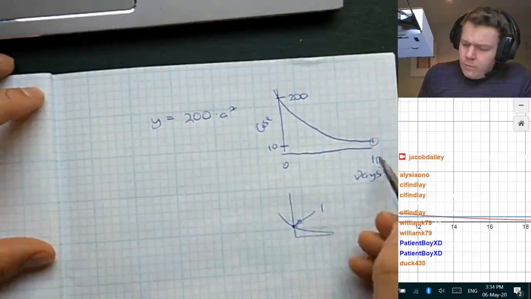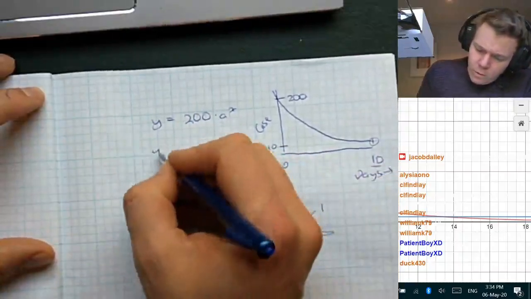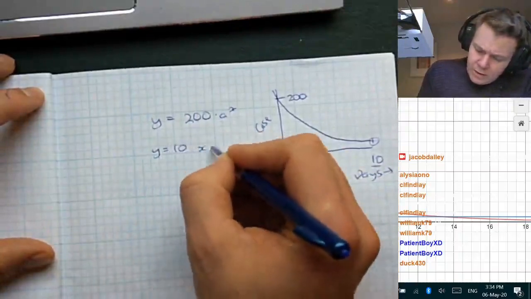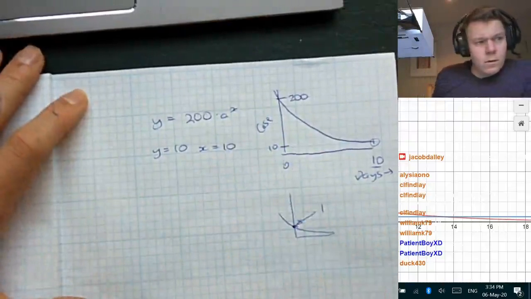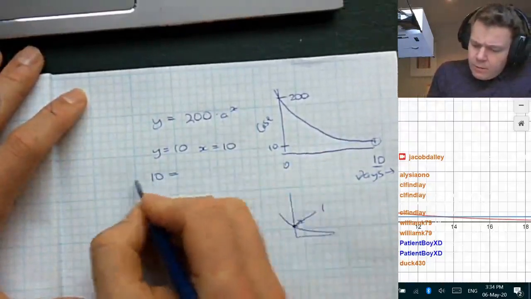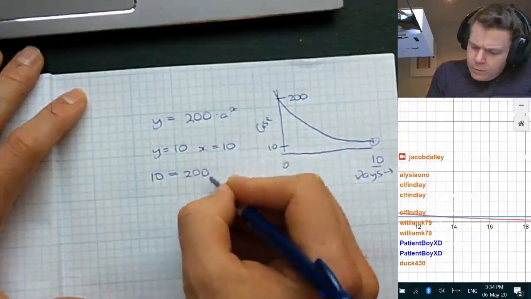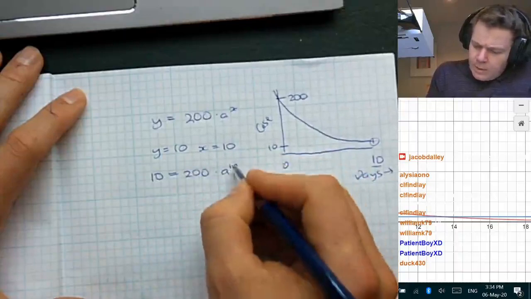Alright, so what do we know about this point? This is when y equals 10, x equals 10. So if we substitute that in, 10 equals 200 times a to the power of 10.